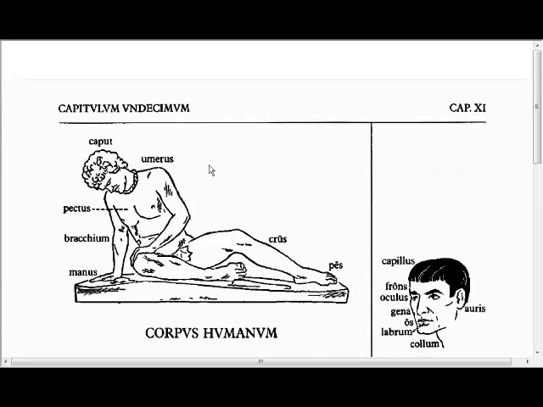So if you look here, we have caput, which ends in t, so that follows the lancet rule. That's neuter, for head. Humerus, we know, is first, second declension, shoulder, masculine. Crus, cruris follows the usris rule. You have to know the genitive. Pes, pedis breaks the rule.